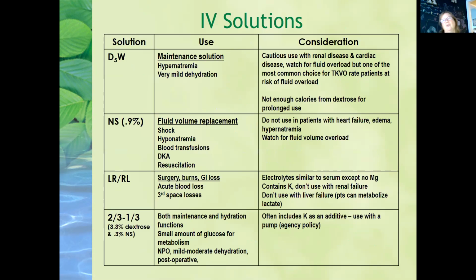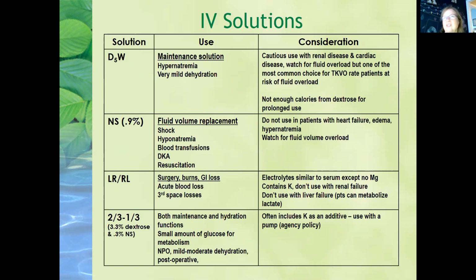We're third spacing fluid into our peritoneal cavity, into our joint cavities, we're profoundly edematous. Post surgery, where we had many liters of fluid, and we're waiting for that fluid to come back into the vasculature, we typically are giving Ringers.